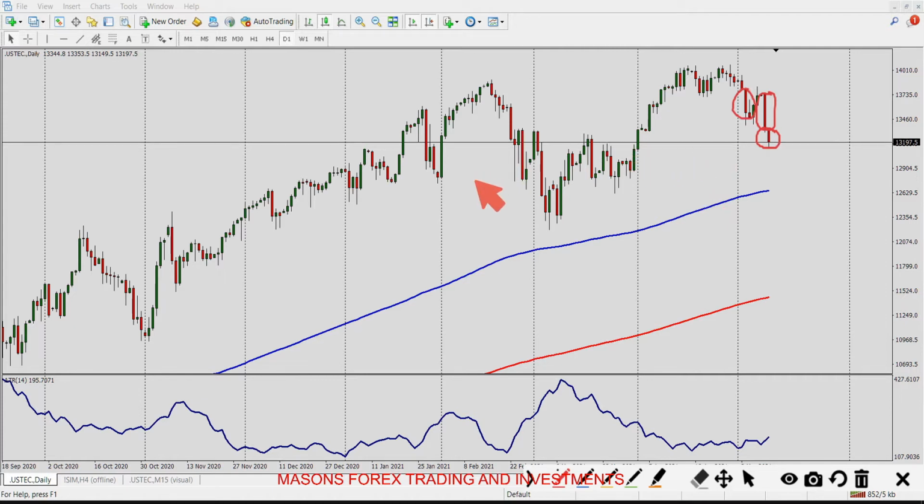So if you look at the previous price structure located here, we've also had a few large bearish candles.